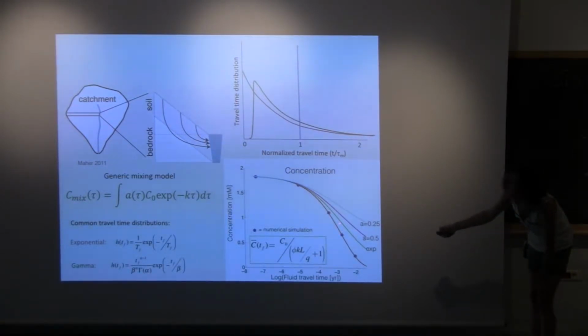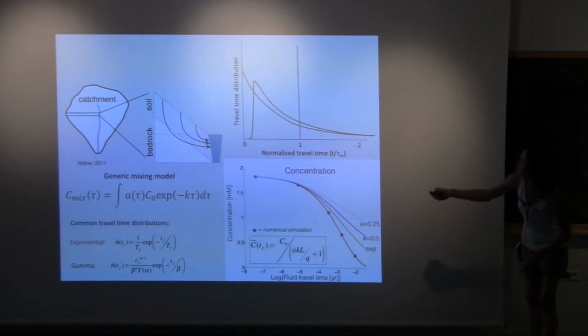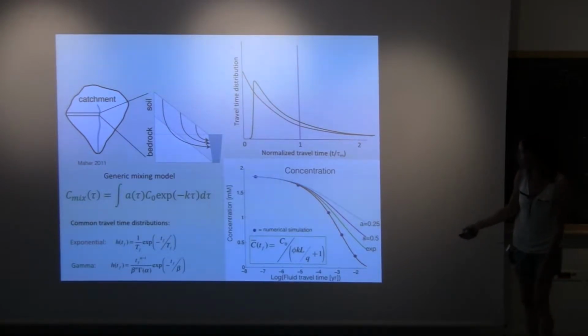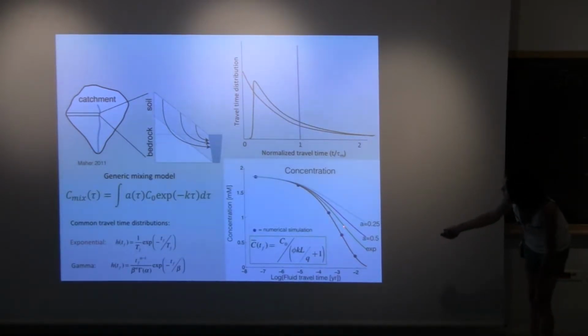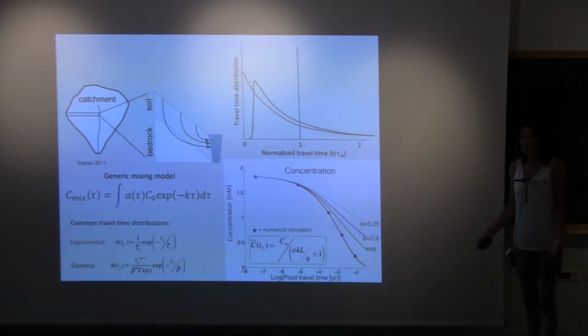But in the real world, where you're mixing fluids together of different ages, if you're using functions that behave a lot like watersheds typically do, then what you see is a reaction that looks less reacted.